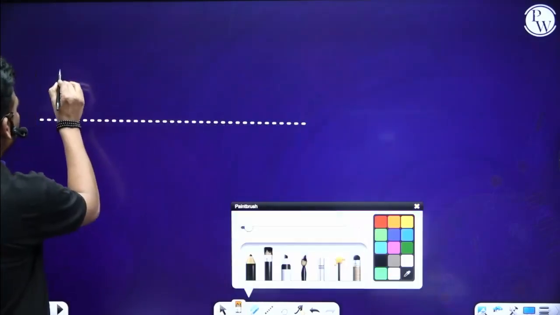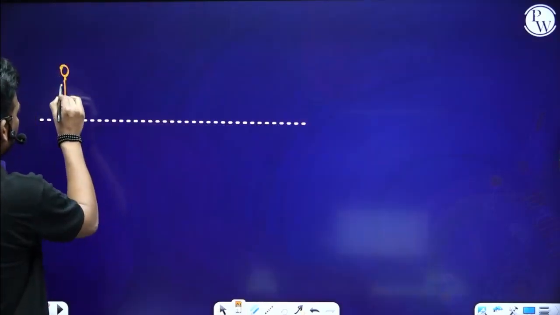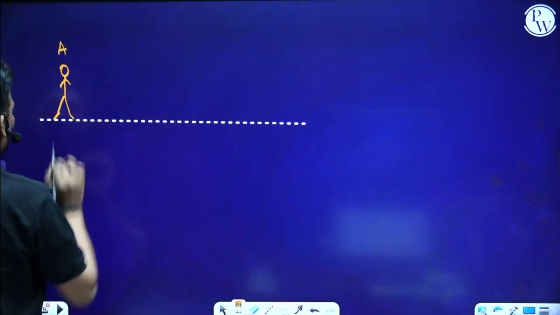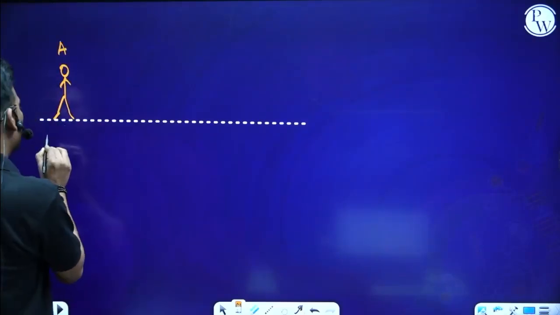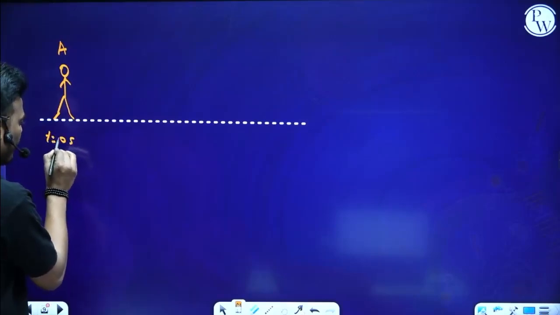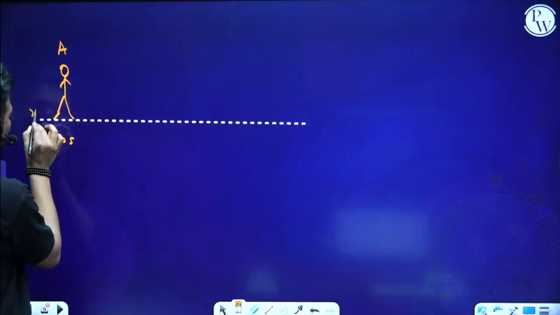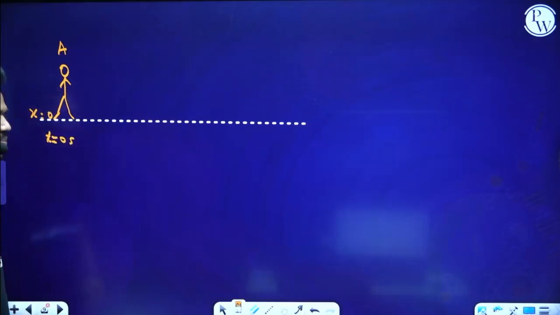Here one body is there, let's consider a student A. At t equals 0 second, means starting, the position of this object is 0 meter.